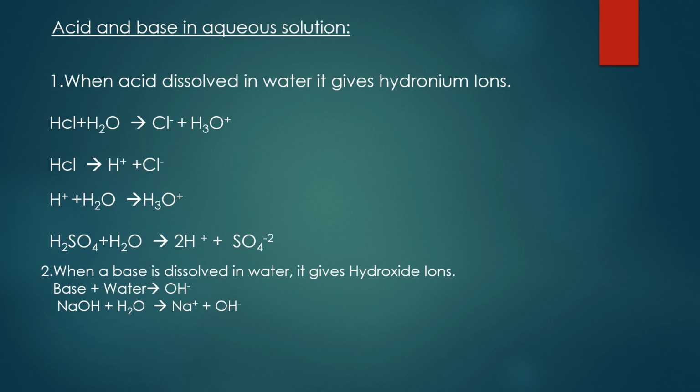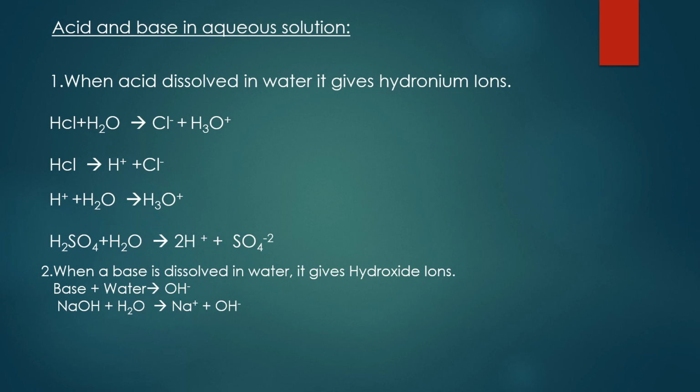Acid and base in aqueous solution. When an acid is dissolved in water, it gives hydronium ion. See this, here hydrochloric acid, HCl. When it is dissolved in water, it splits into H plus ions and Cl minus ions.